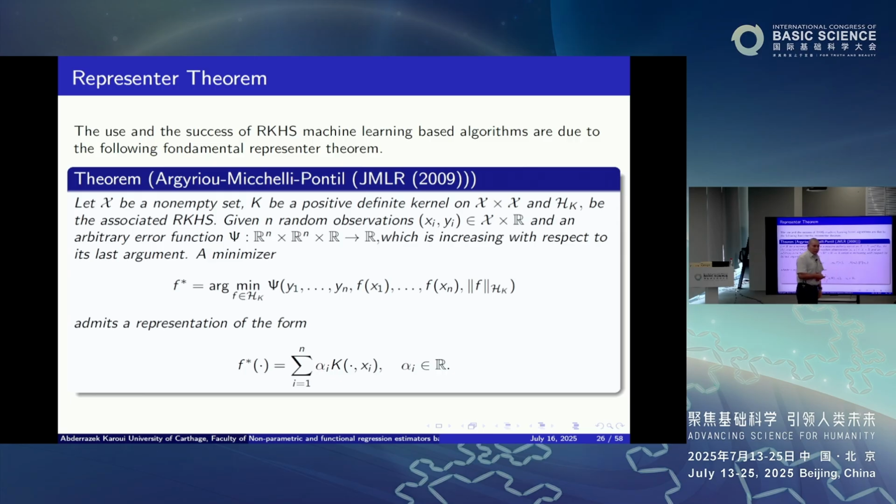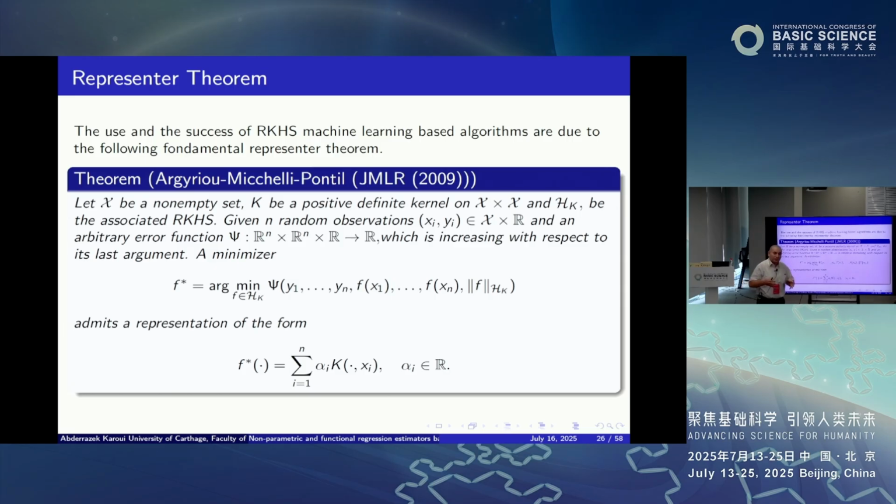The x_i are the random sampling points, and this is the norm of f with respect to the reproducing kernel Hilbert space. So the solution of this minimization problem is given in a finite dimensional space. This is an extremely important result. It means that even if the Hilbert space H_K is infinite dimensional, the solution lies in a finite dimensional space.